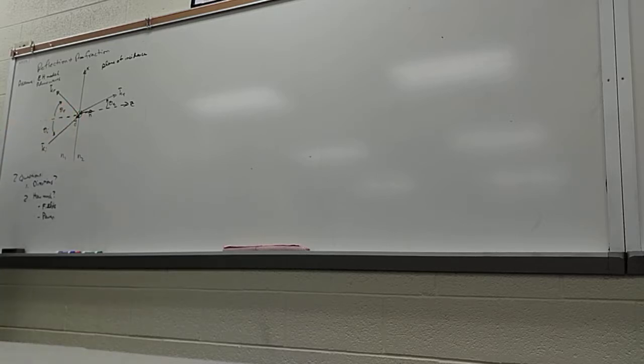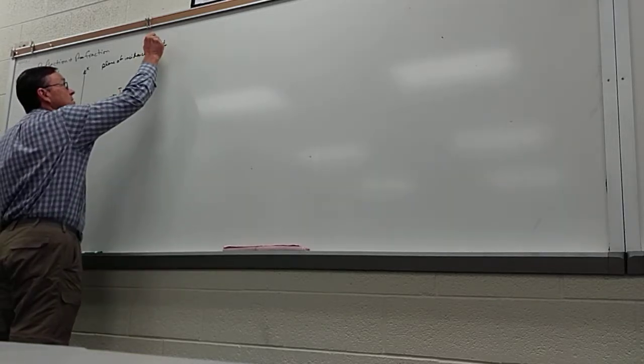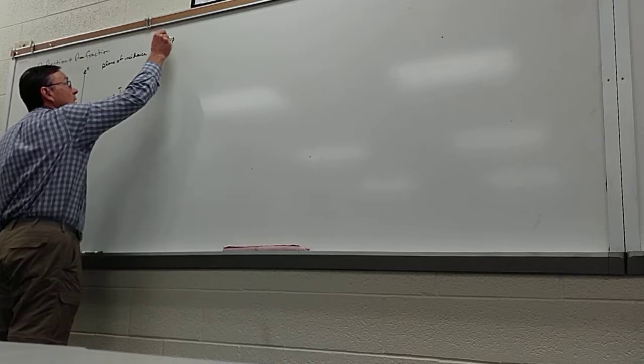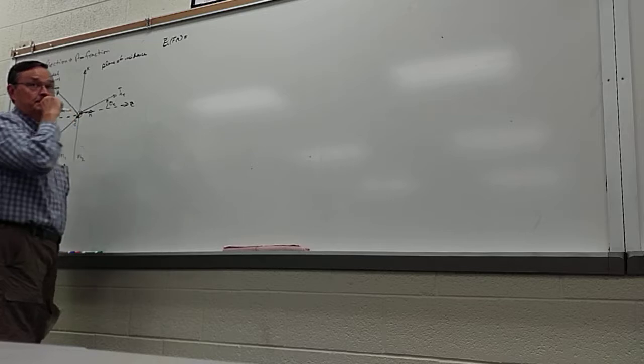Okay, so if we want to set that up as a condition, we better write down what the incident electric field is, the reflected and the transmitted electric field, so that we can use those to apply the boundary conditions. So let's do that. Let's write down the complex representation of the incident electric field.